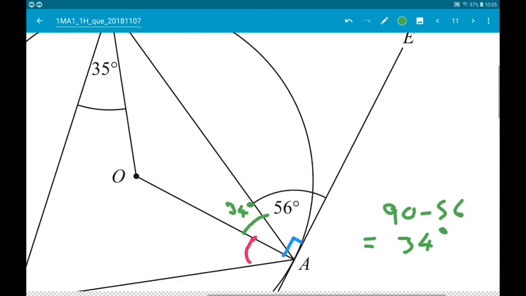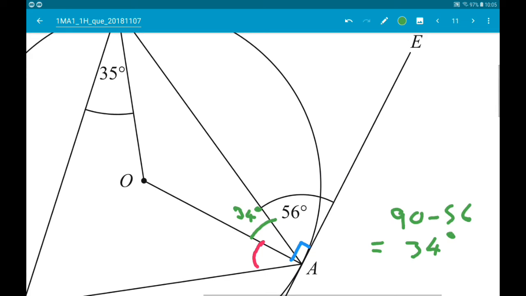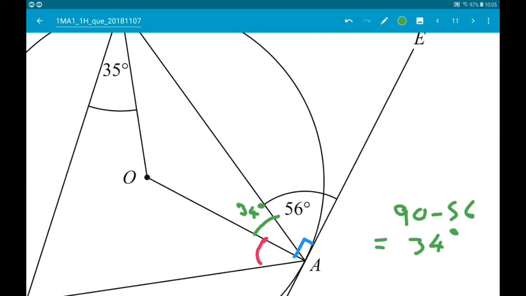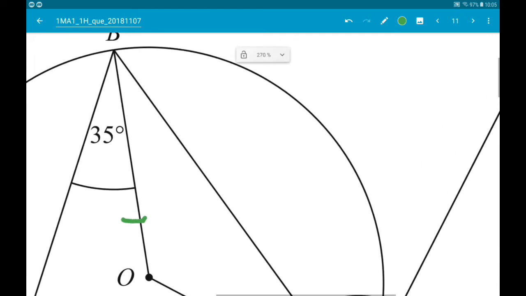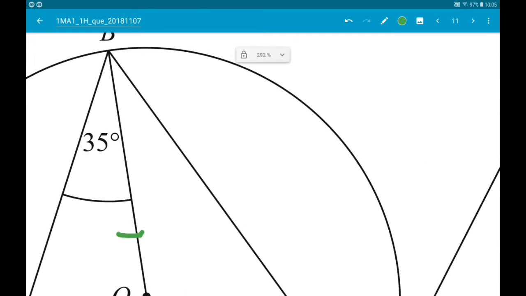Now this triangle here in the middle, BOA, is isosceles because both of these lines are a radius of the circle. So this angle up here is also 34 degrees.